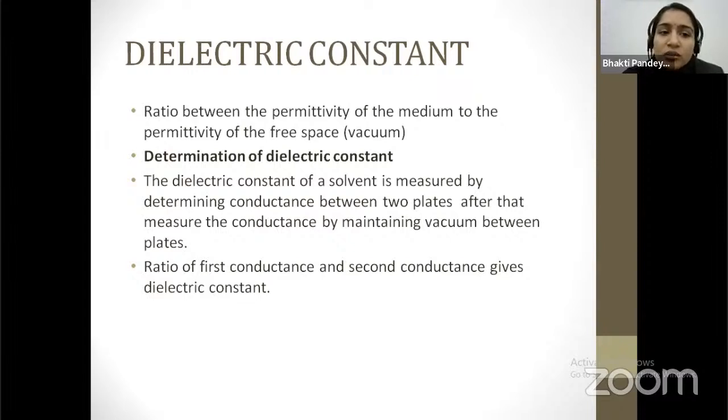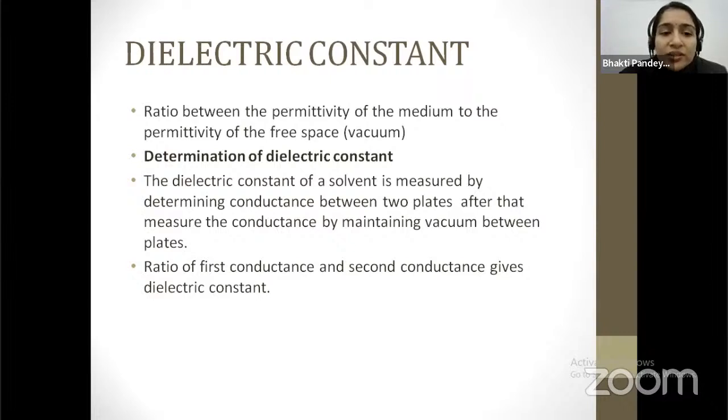It is the ratio of the permittivity of the medium to the permittivity of free space, or vacuum. So it is the relative permittivity of the medium for which we have to find the dielectric constant, to the permittivity of free space.